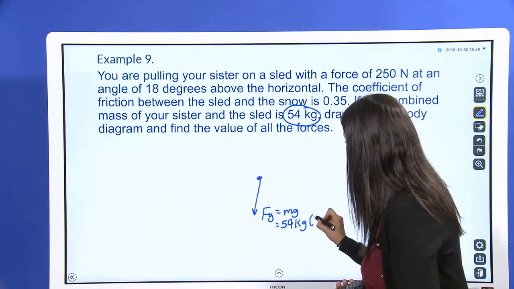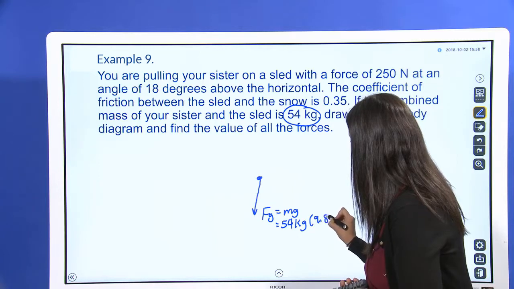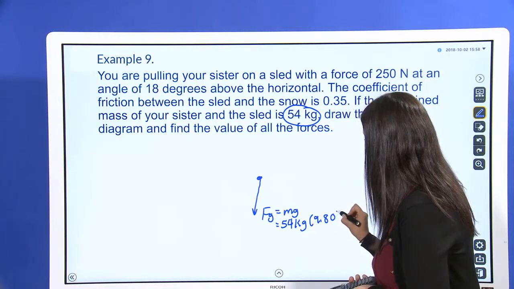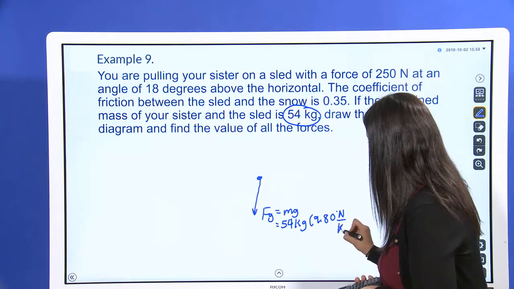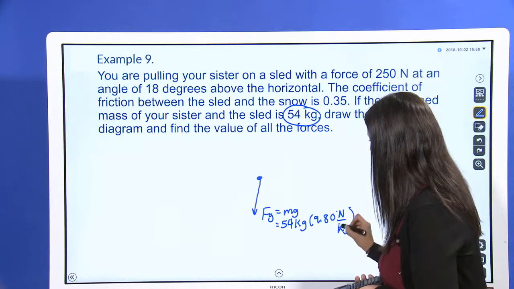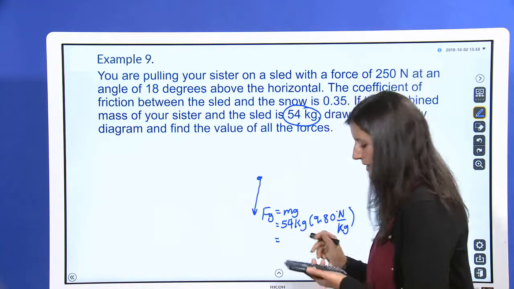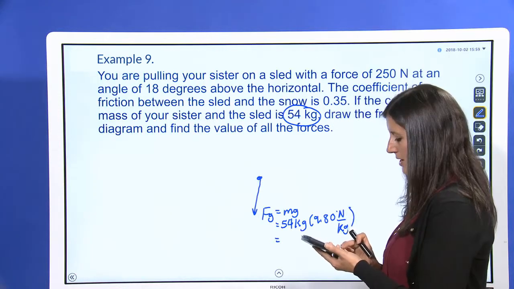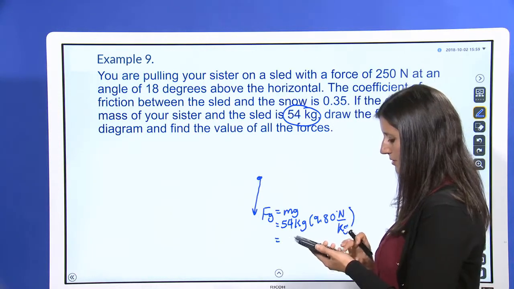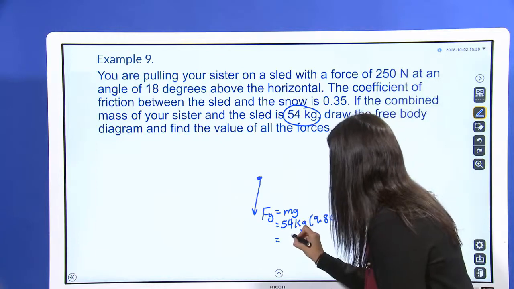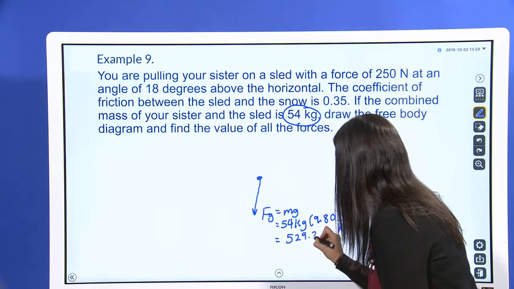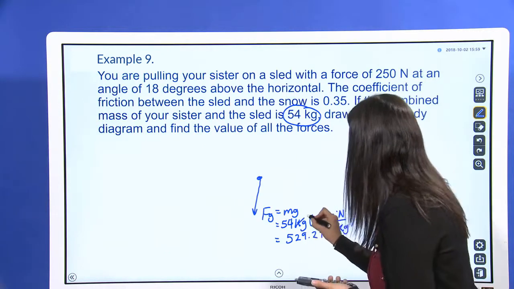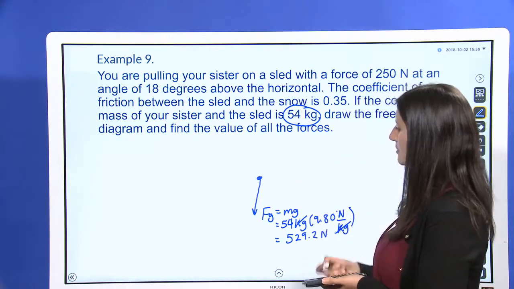My g is 9.80 newtons per kilogram. I'm going to type this up. 54 times 9.80, and I get 529.2 newtons because my kilograms cancel out. Okay, so I'm done with my Fg.